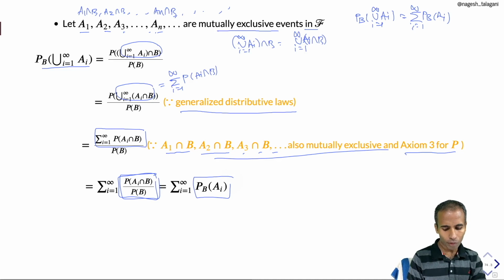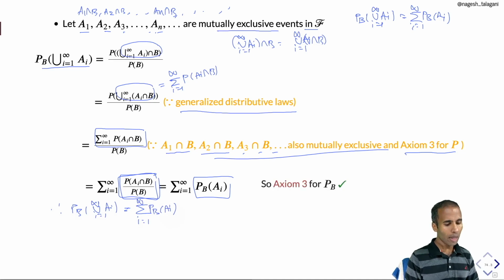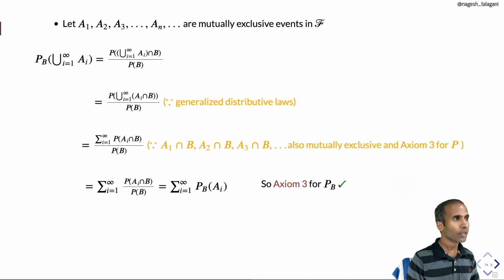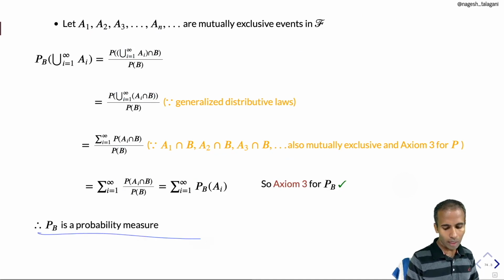So therefore we have P_B of the union over i from 1 to infinity of A_i equal to the summation over i from 1 to infinity of P_B(A_i). So axiom 3 is verified. Now we can say that P_B is a valid probability measure.